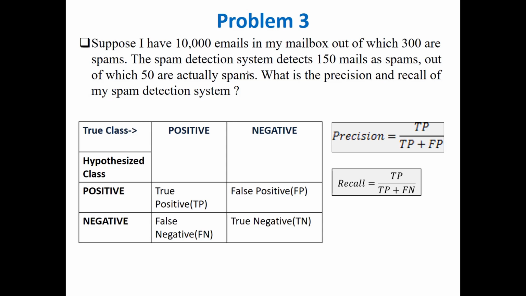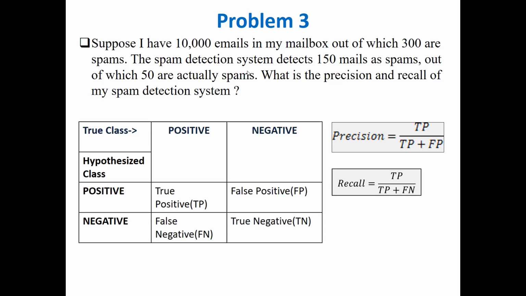We are using Gmail, and in Gmail a machine learning algorithm is used to classify a particular mail in the inbox as spam or not spam. That system we can call the spam detection system. Precision and recall are the two performance evaluation parameters which can be calculated from the confusion matrix.